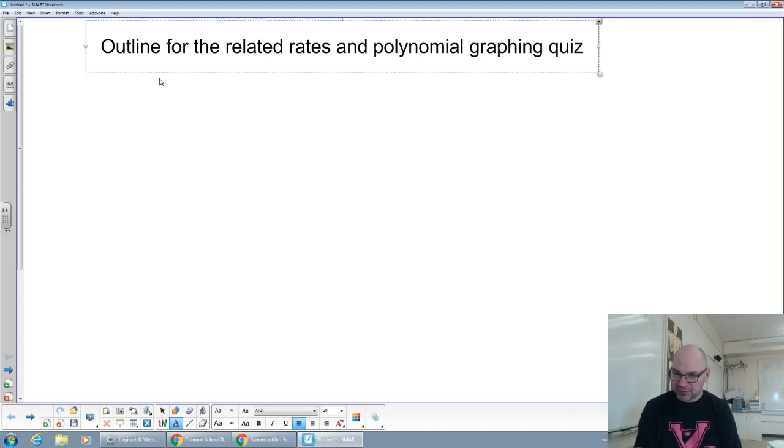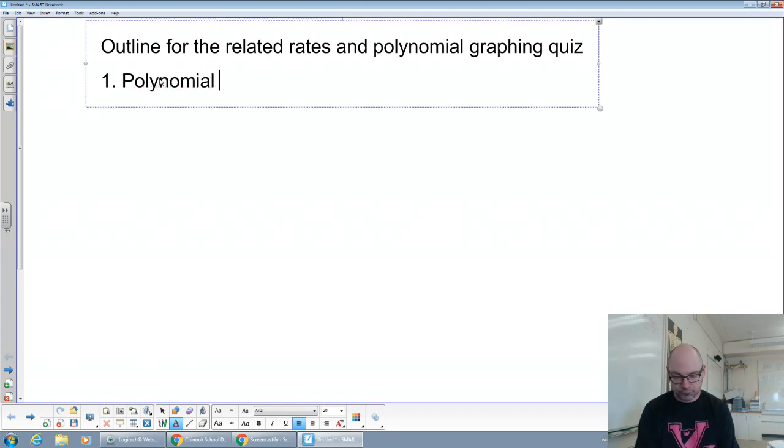Okay, so the first thing that we're going to do in there is we're going to have a polynomial graph. And you're going to graph it, or not graph it, you're going to sketch the graph. So it's not drawing it on a graph, but just kind of sketching it and labeling everything. So, and that's 6 points.